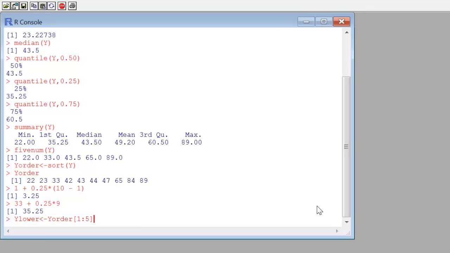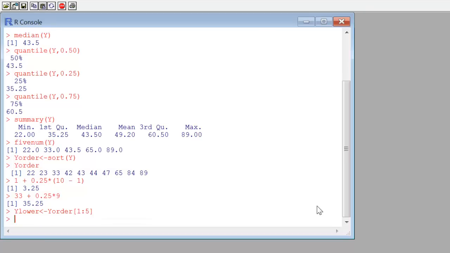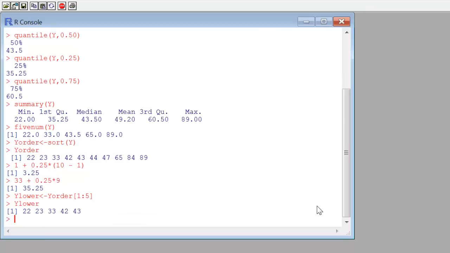That tells R just pick up the first 5 observations in the sorted data. Let's type out y lower. And then you can see the y lower numbers are 22, 23, 33, 42, 43. Indeed, those are those first 5 observations there.